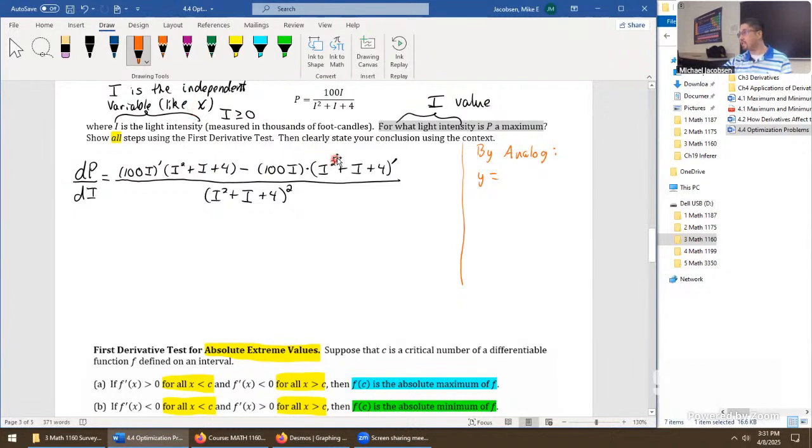So we could rewrite this as, if we wanted to, x squared plus x plus 4. If we were differentiating this function, we would just write y prime equals 2x plus 1. That'd be the derivative of that polynomial function. Any questions with that derivative down there?